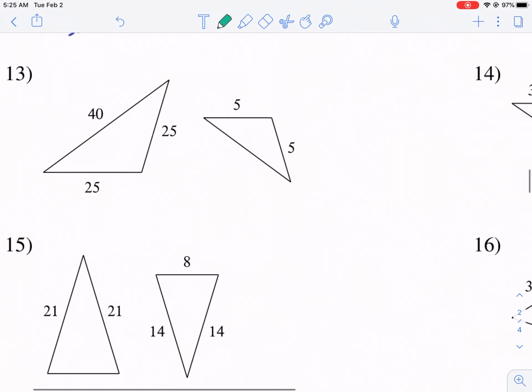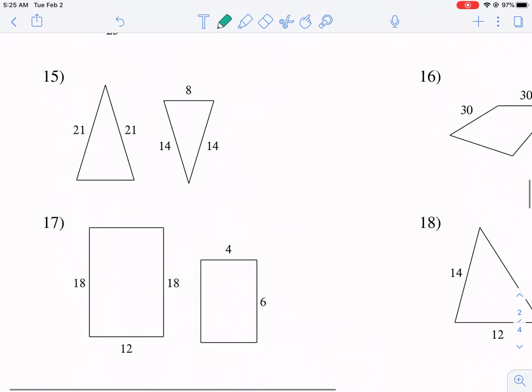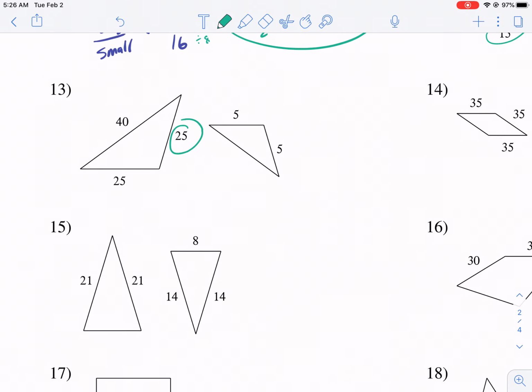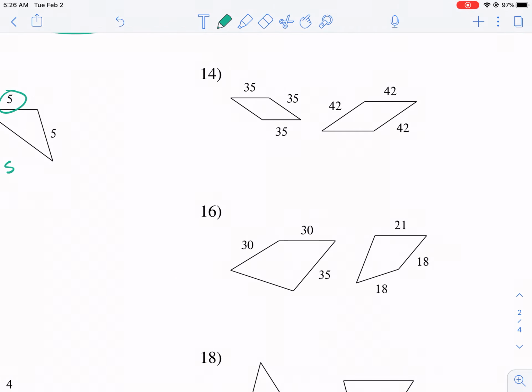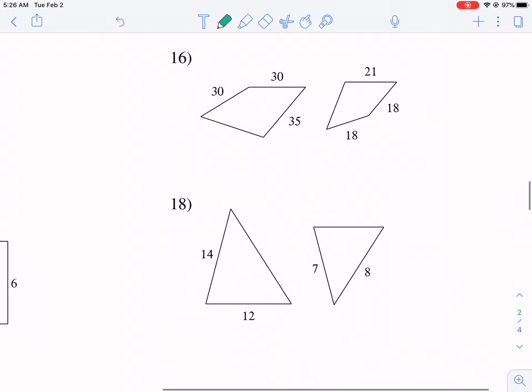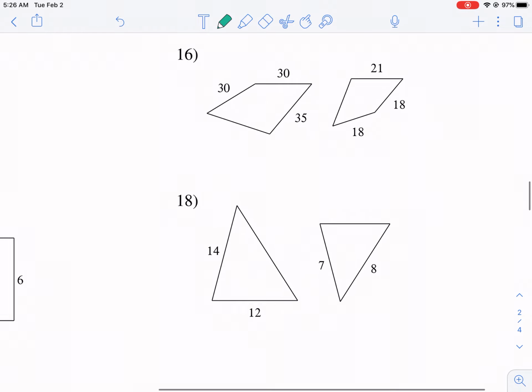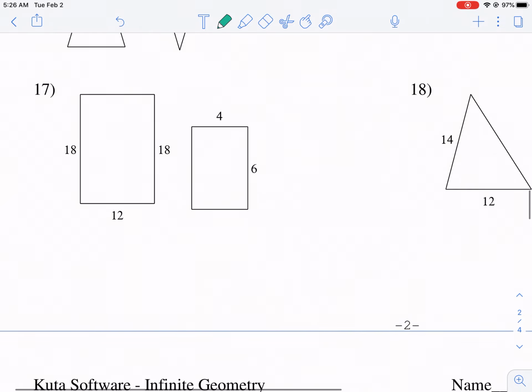Some of these are maybe a little bit more tough to identify which sides you have to compare. Obviously, it's going to be 25 over 5 here, so that's going to be a scale factor of 5. This one, you can use any of the numbers, 42 over 35, and just reduce it into a fraction. I'm guessing it's looking for fractions here. Let's see if there's any other tough ones.